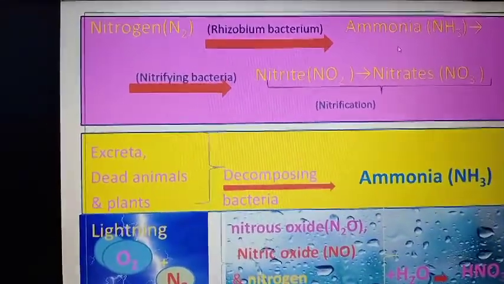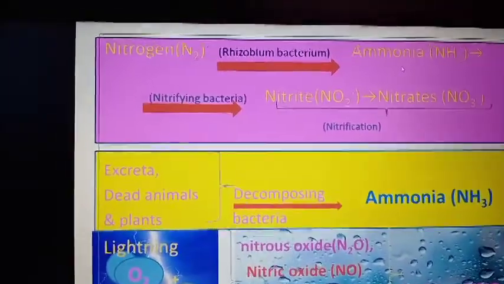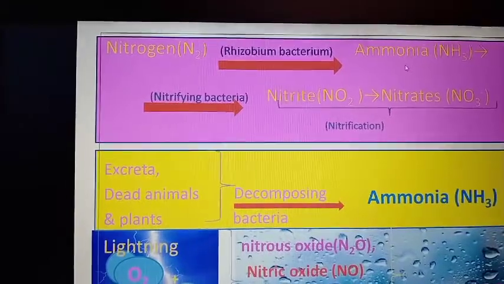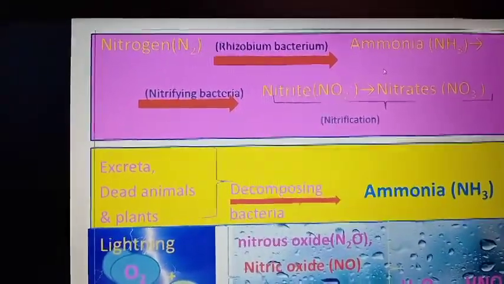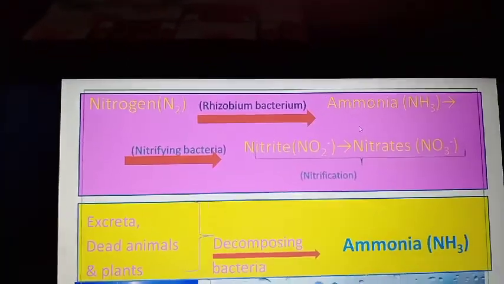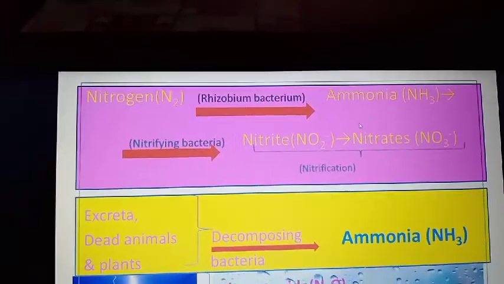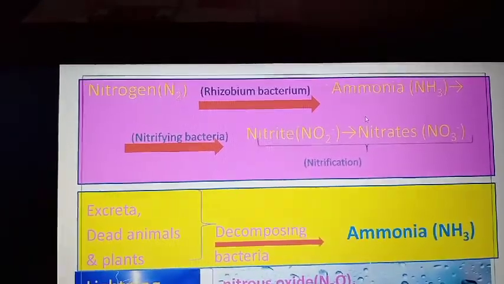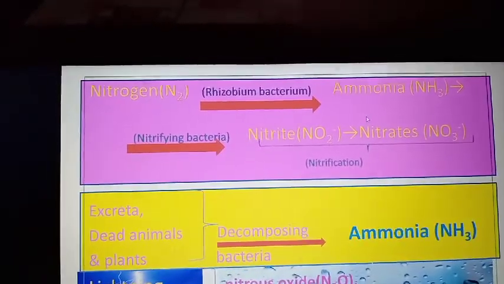These nitrates, nitrites and ammonia are absorbed by plants into their body and converted into protein, and this protein is used by plants for their growth and repair. And then when the animals eat these plants, the animals also get protein from the plants they have eaten.